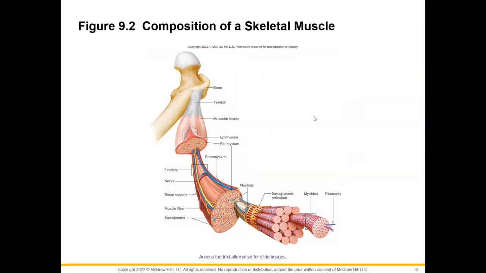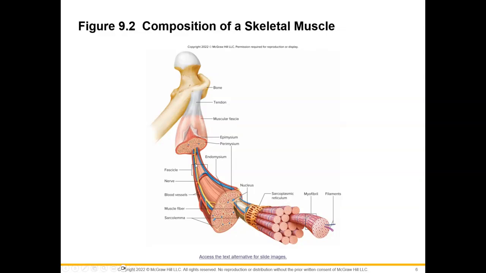Okay, and this shows that organization we were just talking about. If we start at the largest level, here's the entire muscle. Notice it's tied with the tendon to the bone, and then covering it, we have the muscular fascia. Okay, and then that first covering of the entire muscle is epimysium.